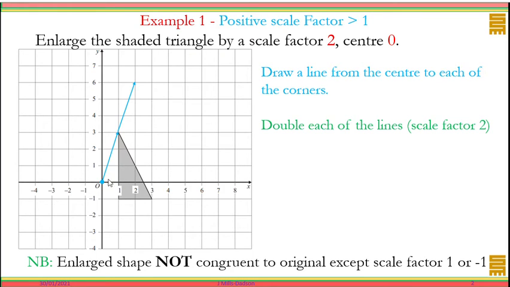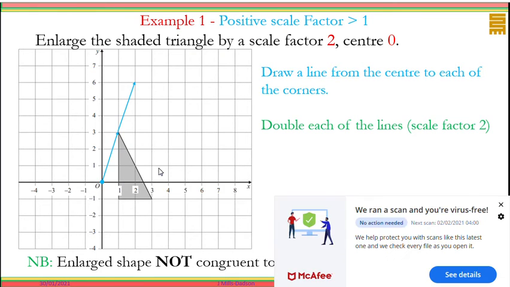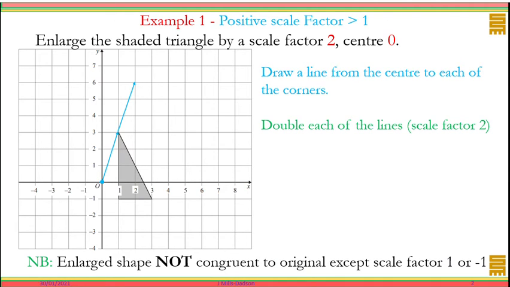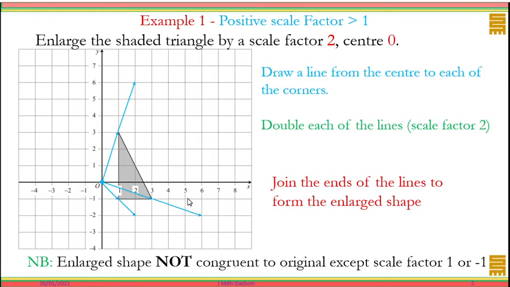Next, one across, double it. Next, we're going to double this line. 3 across, 1 down. Continue: 3 across, 1 down. Then at the end, join the ends of the lines, and that becomes the image or the enlarged shape. That's it.